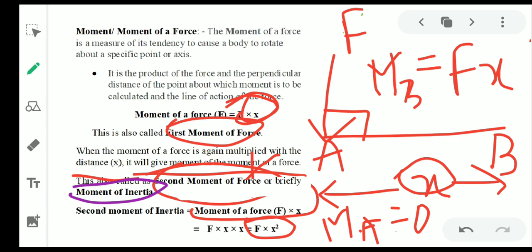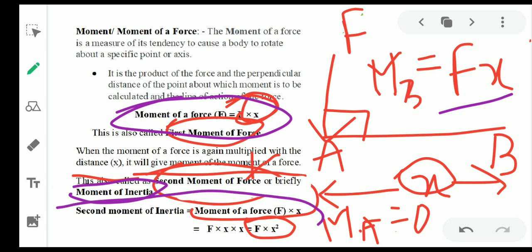Clear? First of all, moment of a force is the perpendicular distance multiplied with the magnitude of the force, that is Fx. When I multiply the distance again with the moment of a force, it gives the second moment of force, also known as moment of inertia.